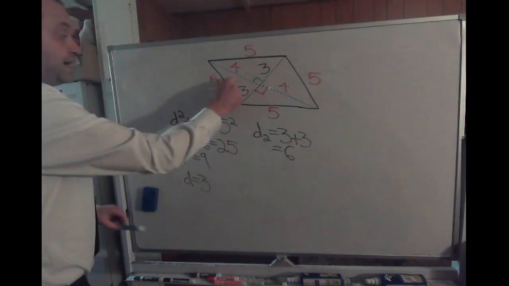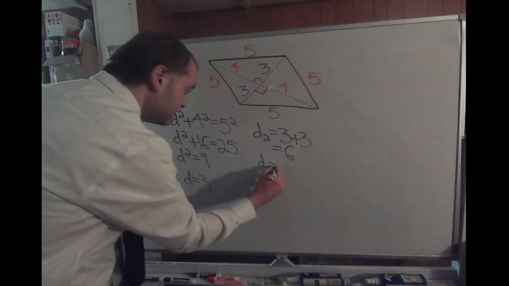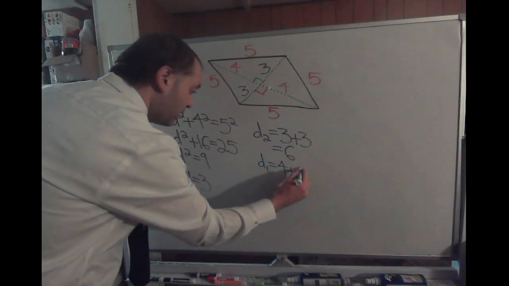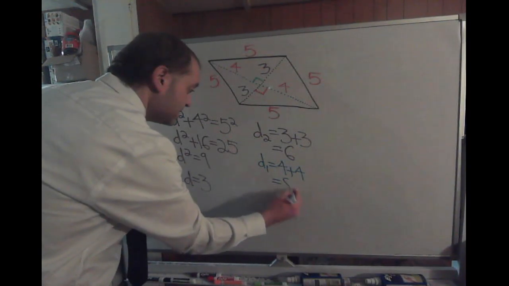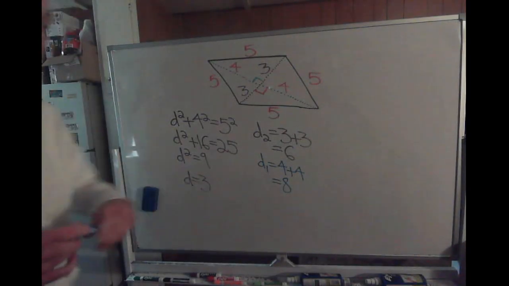The blue diagonal has segments 4 and 4, so the length of diagonal 1 is equal to 4 plus 4, which would equal 8. Now that we know the length of both diagonals, we can proceed to find the area.